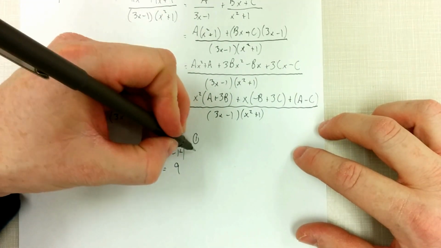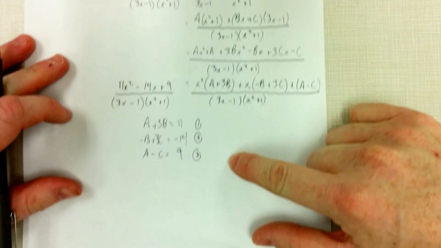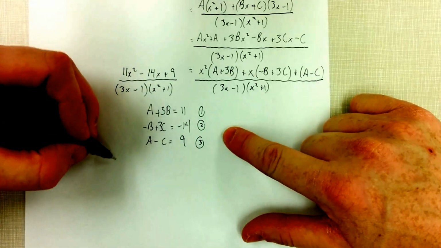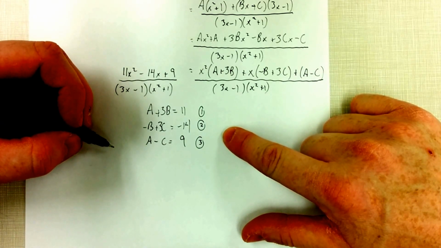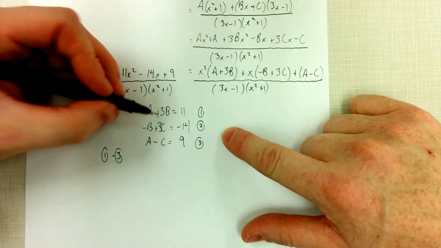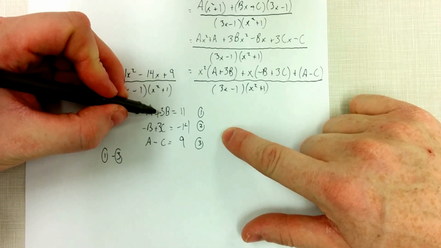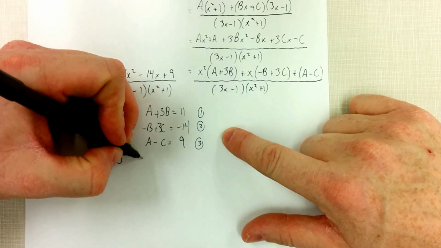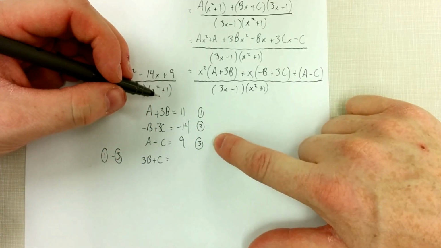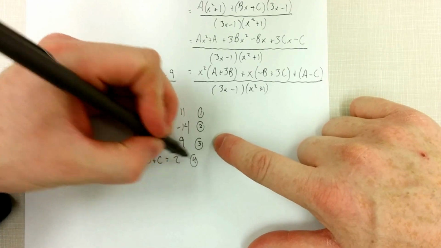So I've got my 3 equations, and I've got my 3 unknowns. So now it comes down to solving those. I can eliminate A by going 1 minus 3. A minus A will be 0. Then I'll get 3B plus C equals 11 minus 9 is 2. That'll be my equation 4.